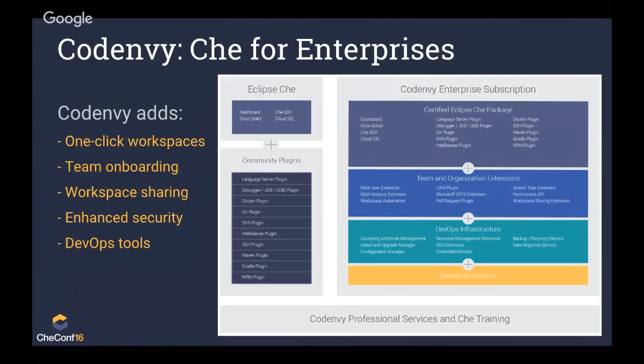Some of the things we add. Multi-tenancy is a big one, multi-user. Workspace automation. I'm going to show you the Jira plugin and the Jenkins integrations today. We also add a permissions API, to allow you a little bit more granularity and security around your workspaces.